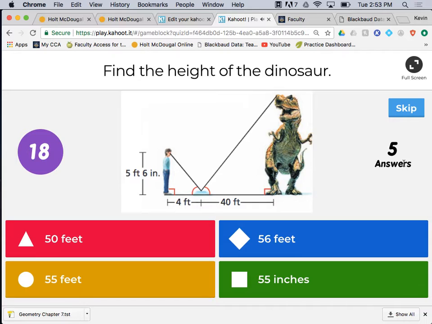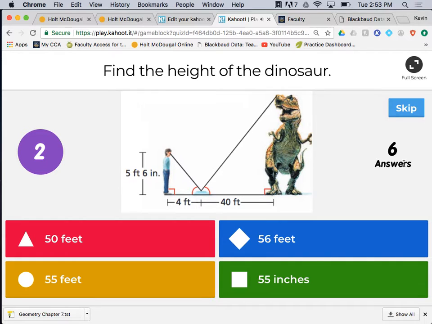I think I'm right. It says feet, it says inches. Okay, look. You do H over 66 equals 480 over 48.